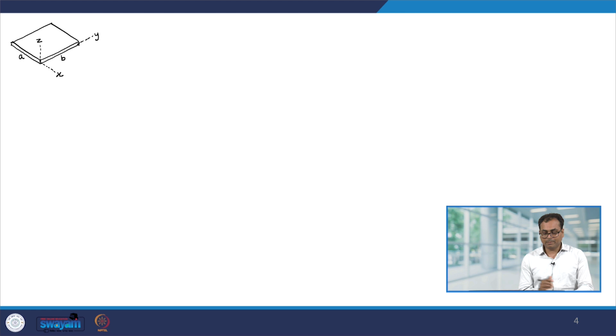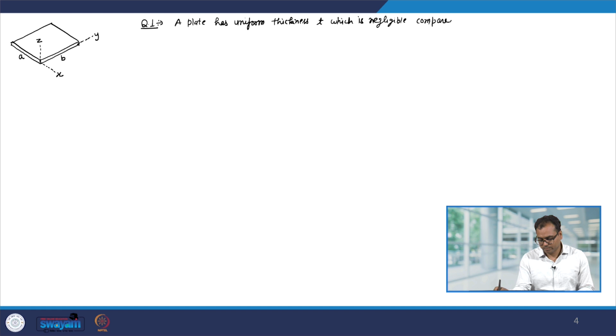Now, let us look at a very simple example about the product of inertia. So, the problem statement is following. A plate has uniform thickness T which is negligible compared with its other dimension. Okay.